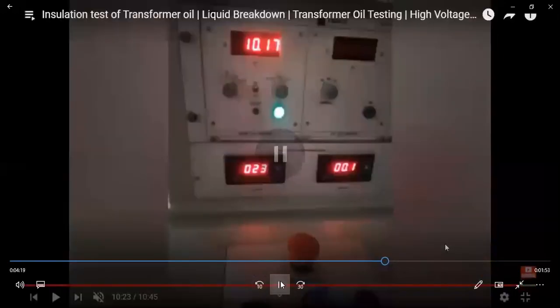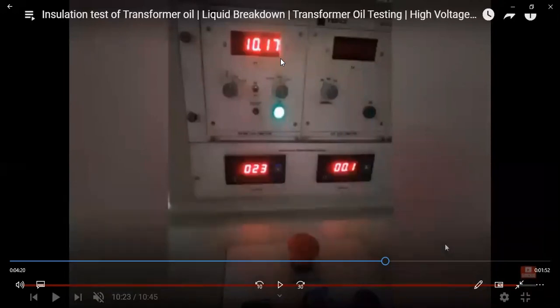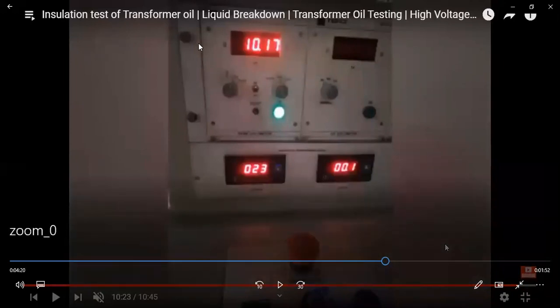So now for the second operation of this same sample, look, the breakdown has now occurred at 10.17, almost half, or lower than half, of the breakdown value of the first operation.